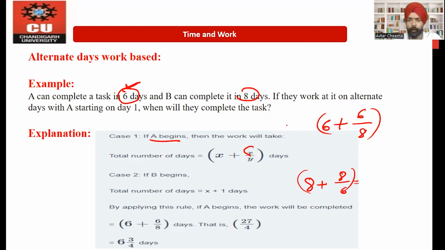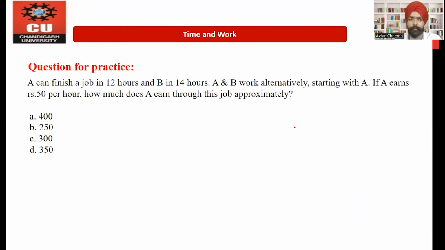Now we are moving to the questions from this one. A can finish a job in 12 hours, B in 14 hours, and A and B are working together. Start with A. And if A earns 50 rupees per hour, how much does A earn through the job approximately? How much can that person earn?